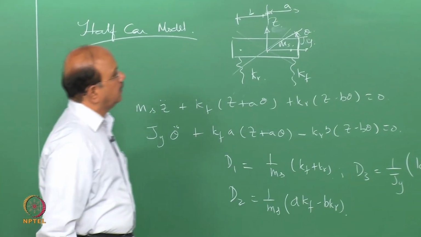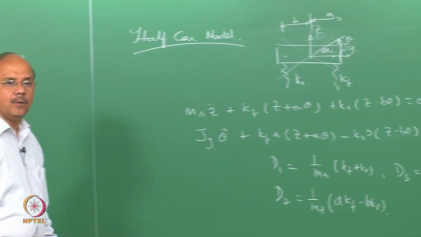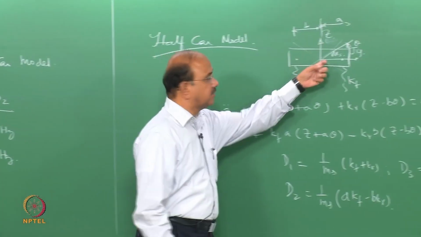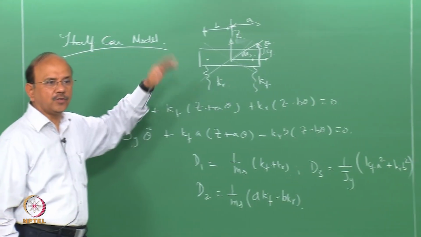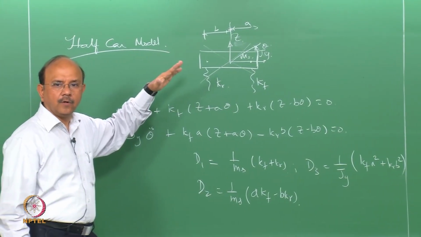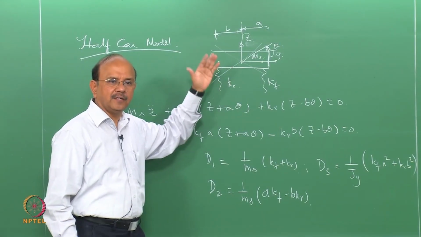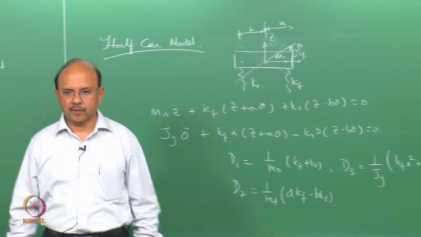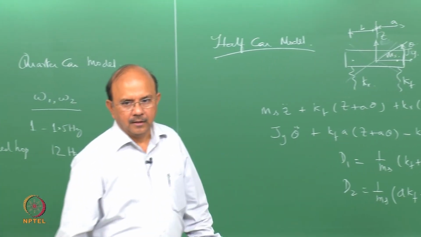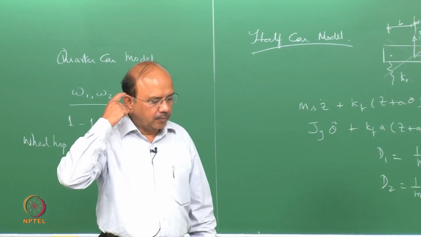So if I'm going to sit on either side, and it's going to bounce and pitch for any small disturbances, whether in the front or the rear, then I'm not going to be very comfortable. So this is not a very desirable mode.